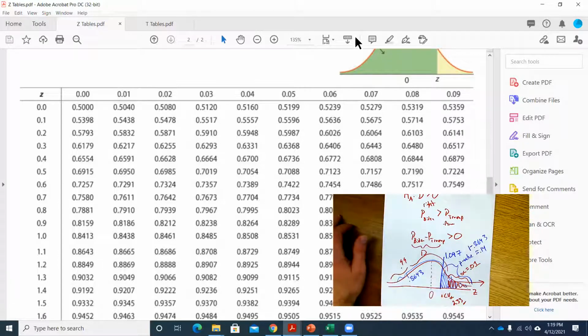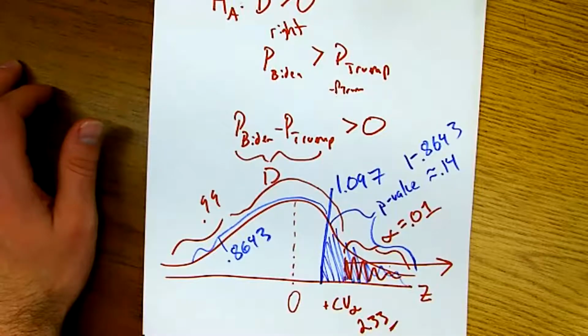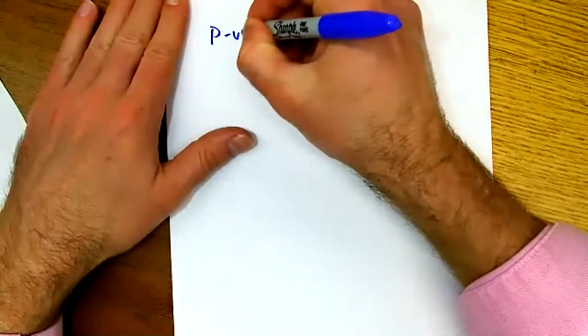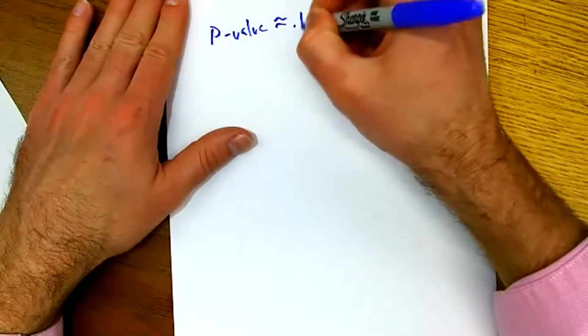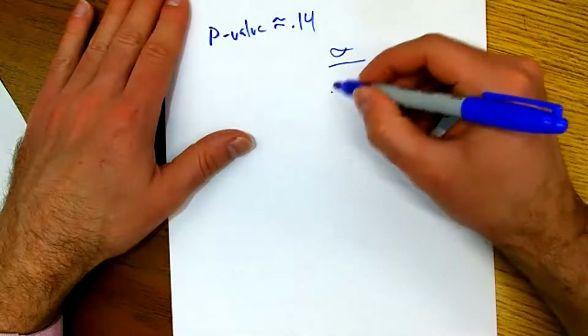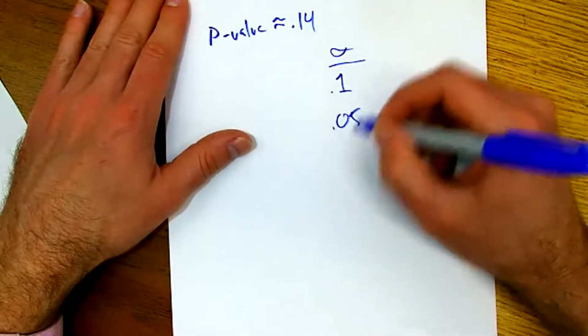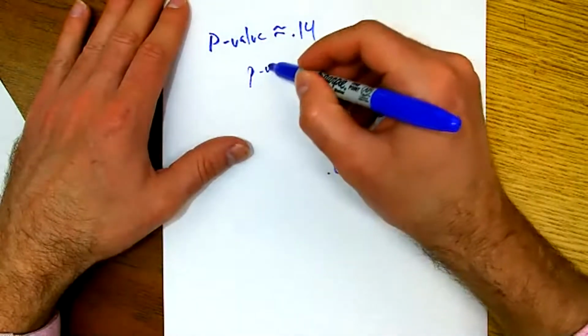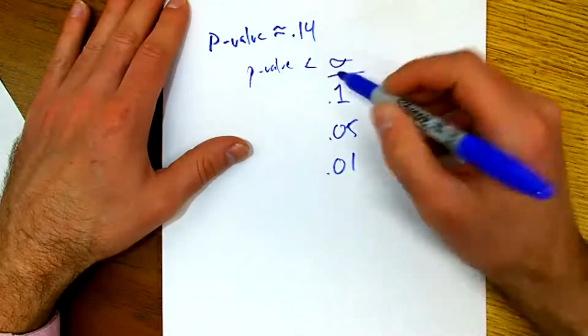Okay. So which of these levels can I reject at? Well, my p-value was approximately 0.14. For different alphas, 0.1, 0.05, and 0.01, is my p-value less than alpha?